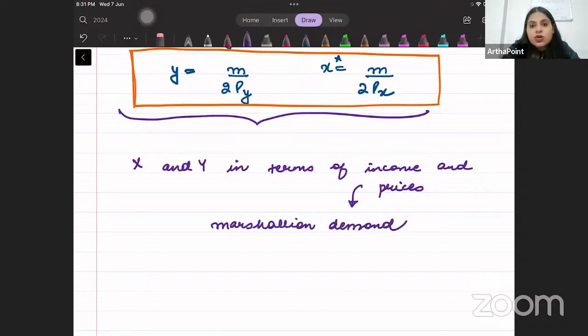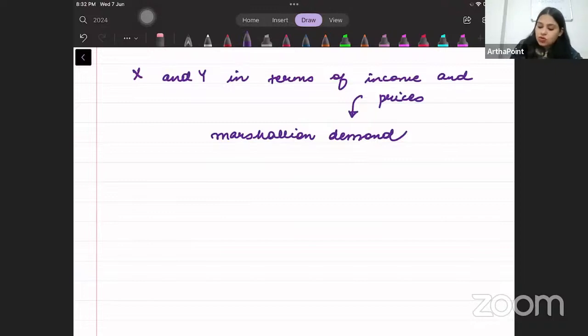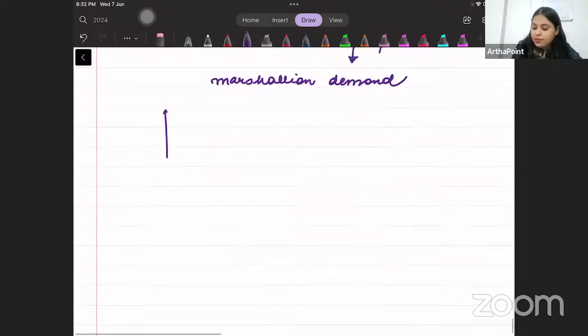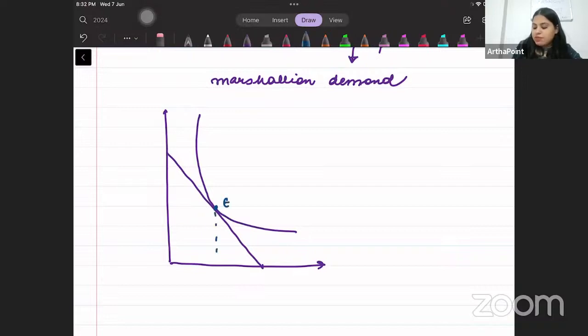The equilibrium demands that you get of X and Y in terms of income and prices, that is called Marshallian demand. So if I were to go ahead and plot this, this is equilibrium. This will be m by px and this will be m by py for good x and good y.